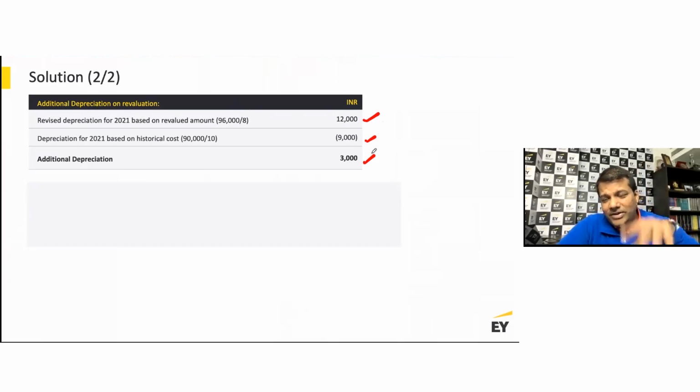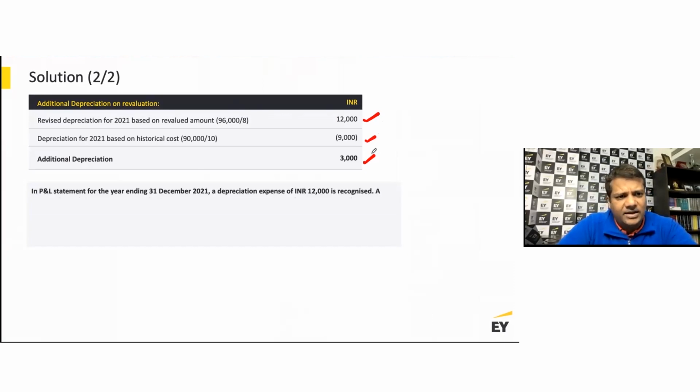Remember, the revaluation gain will go to OCI. The revaluation gain doesn't come to P&L, but the depreciation comes to the P&L. In the P&L statement for the year ending December 21, a depreciation expense of INR 12,000 is recognized.